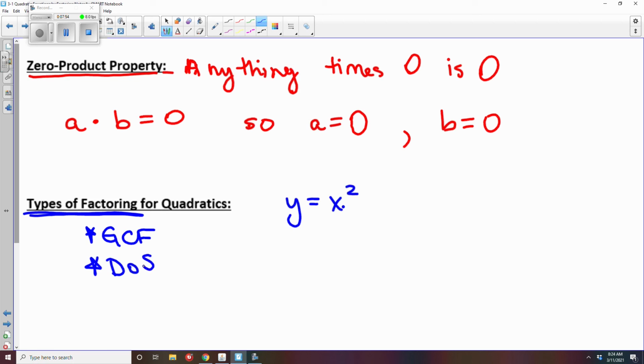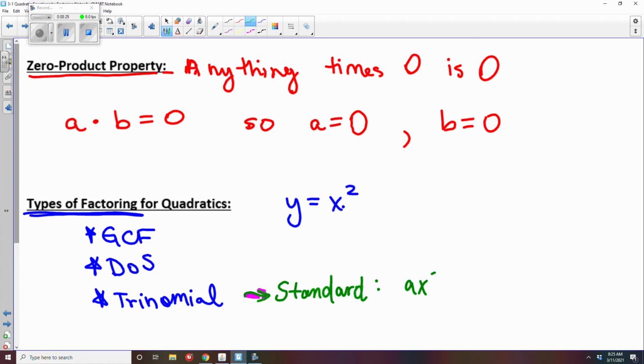There's one last type of factoring we have that has a square starting it off. Trinomials, you got it. And the standard form of a quadratic is actually a trinomial. So standard form for a quadratic equation is going to be ax squared plus bx plus c, but there's one extra part to it.